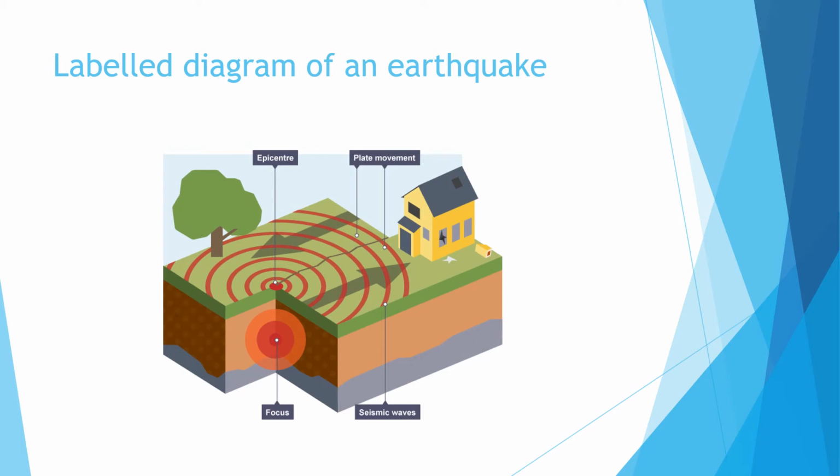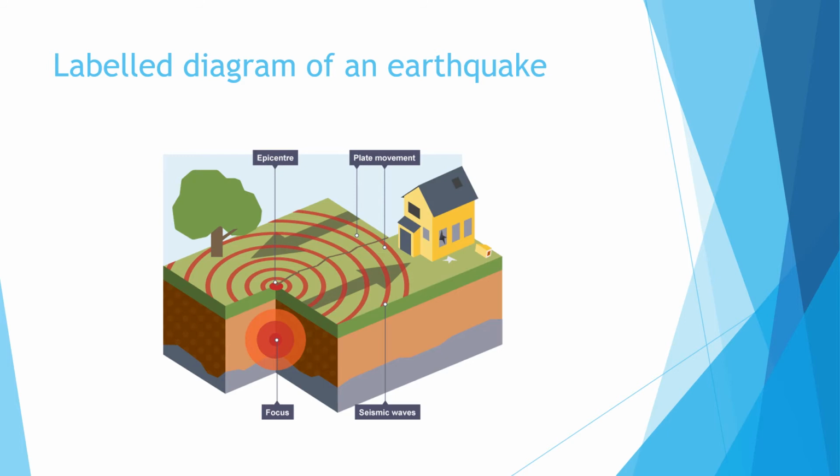The diagram shown here on this slide is a very good example of a labelled diagram which could be used to provide a successful diagram in an exam or assessment scenario if asked to provide one of an earthquake. It would not necessarily have to be drawn in 3D form as the diagram on this slide is.